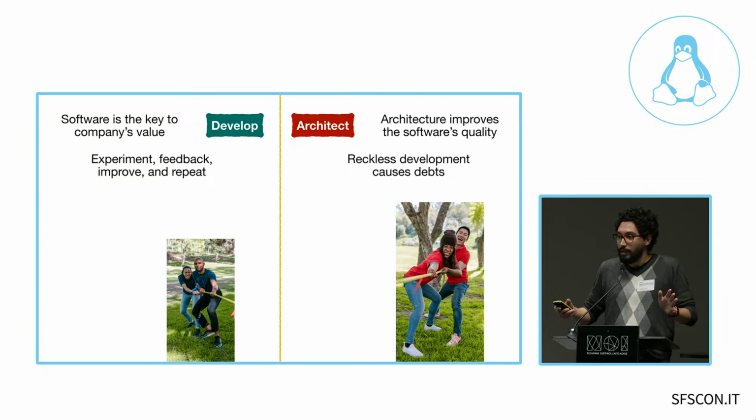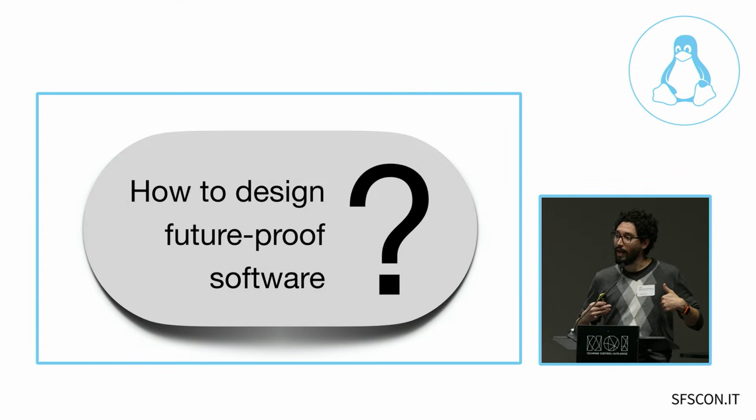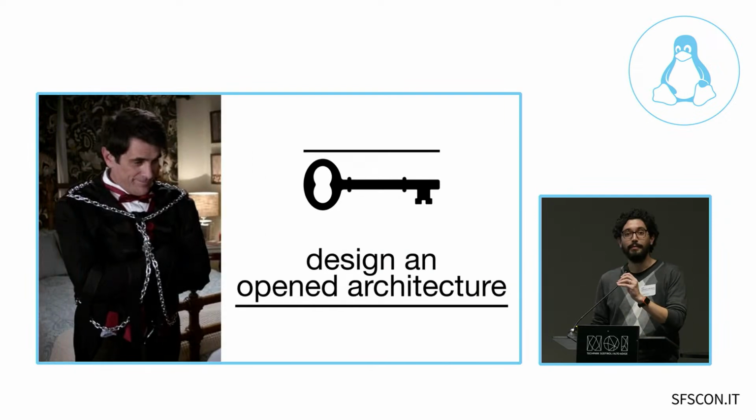So the first question here would be, how do I design software that is future-proof? How can I design something thinking about this process of development that typically is very long and takes a lot of time? The solution, very quickly, is to design an open architecture.